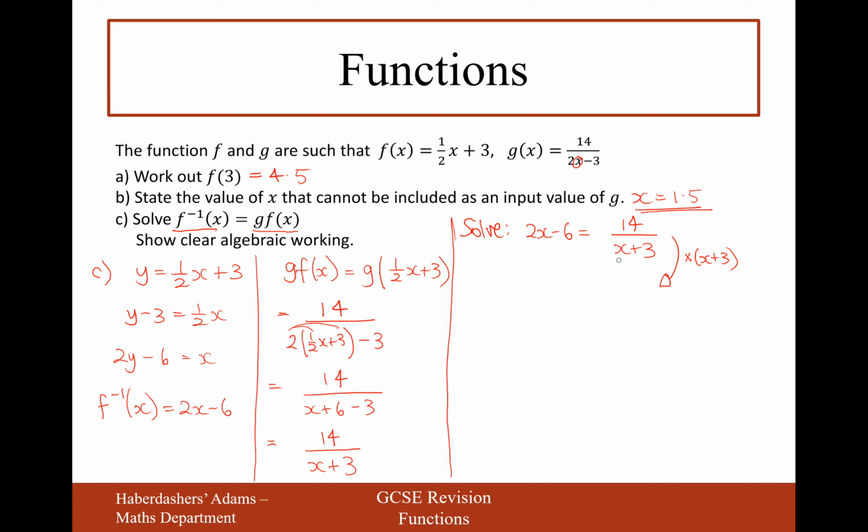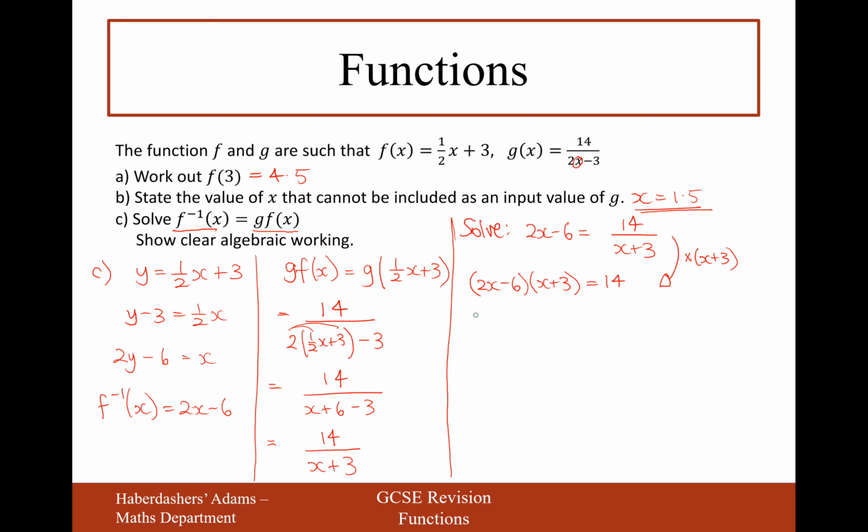So times in the denominator onto the other side, you get 2x minus 6, x plus 3 equals 14. Now I've put both of the terms in brackets because I want everything from this left hand side to multiply by everything that I'm timesing by onto the left hand side.